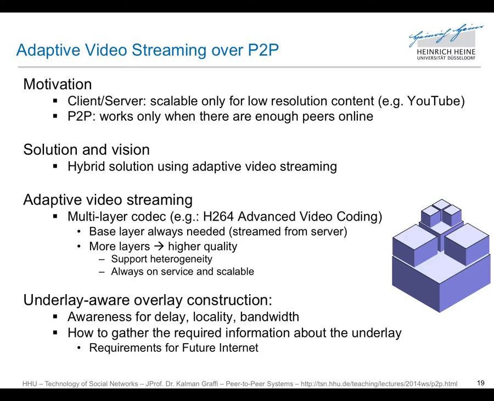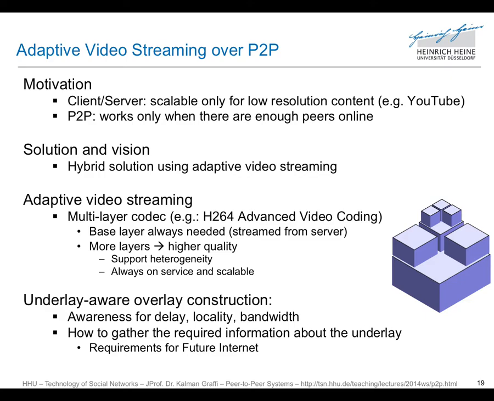I tried to create a graphic for it, but it's a little bit difficult. Just think about it: you have a base layer, a base quality in terms of resolution, compression and signal to noise ratio, so that you really have a base minimum quality.